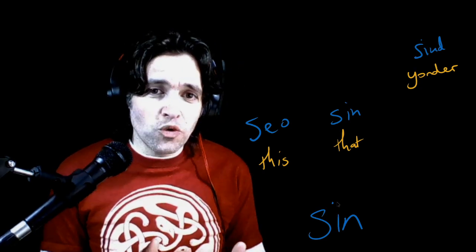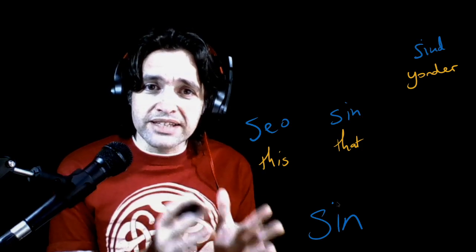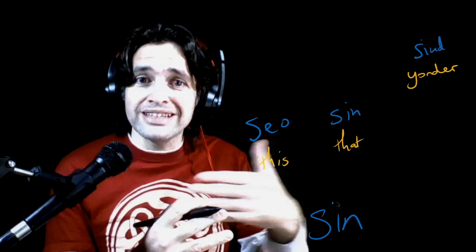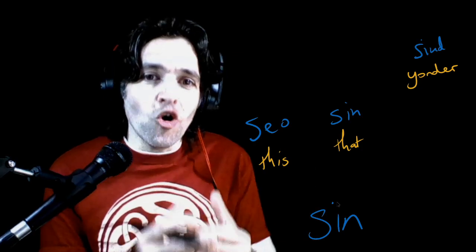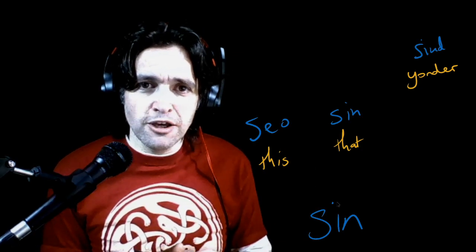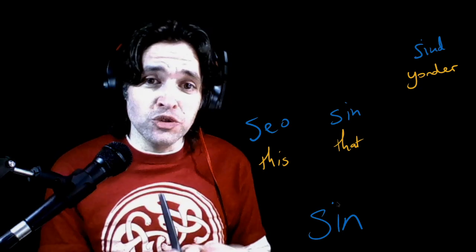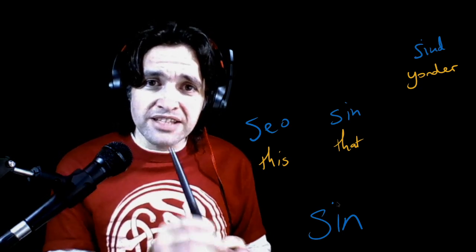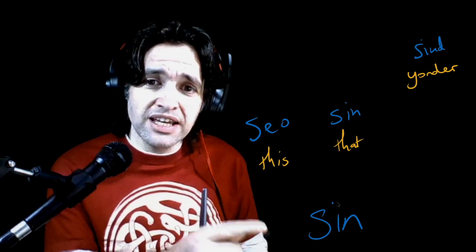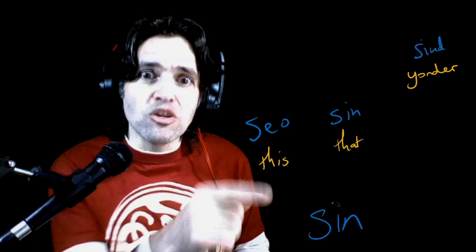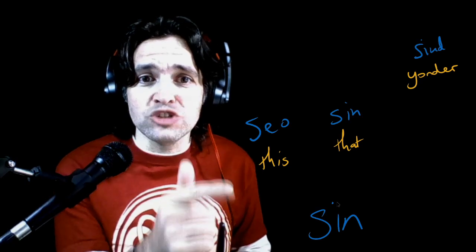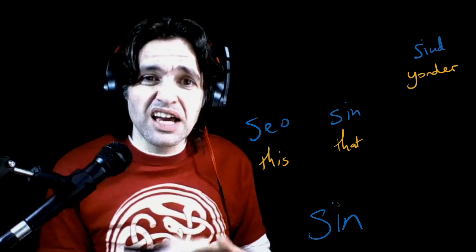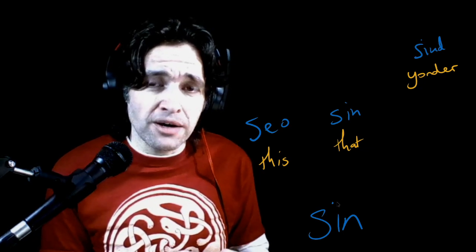Okay, so while Gaelic does use seo, shin and shut for just levels of distance, it also uses them for me and you. So seo is something, this is something I have. Shin is that, the one that's in your hand, or the one that's close to you, or possibly one that's as close to me as you are.